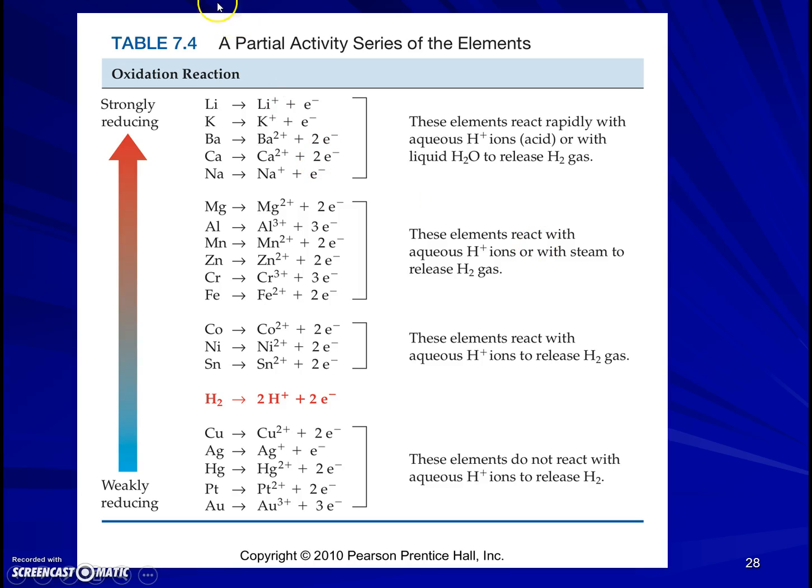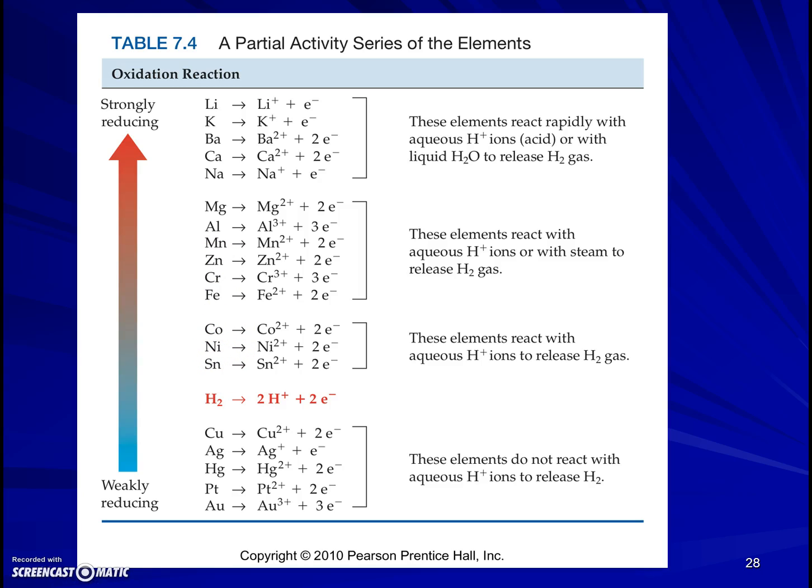The most reactive, the most likely to find as ions, are the ones at the top of this list: lithium, potassium, barium, calcium, sodium, all the metals on the left-hand side of the periodic table. As we work our way down, we get to atoms that are less and less reactive. Aluminum, manganese, still fairly reactive, but not as much as these. Zinc, chromium, iron, cobalt, nickel, and tin are kind of in between.